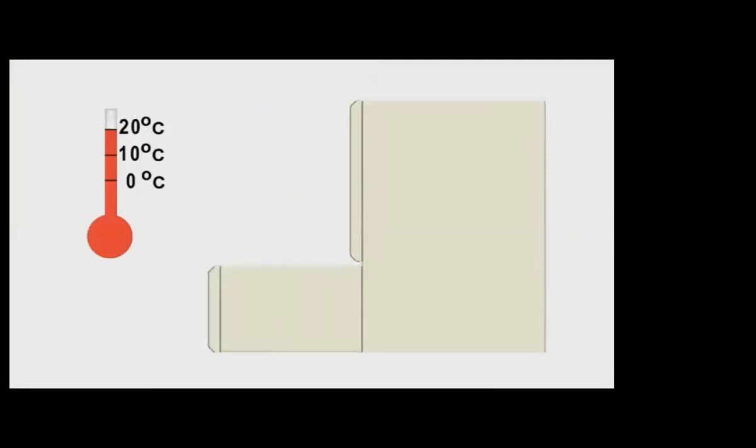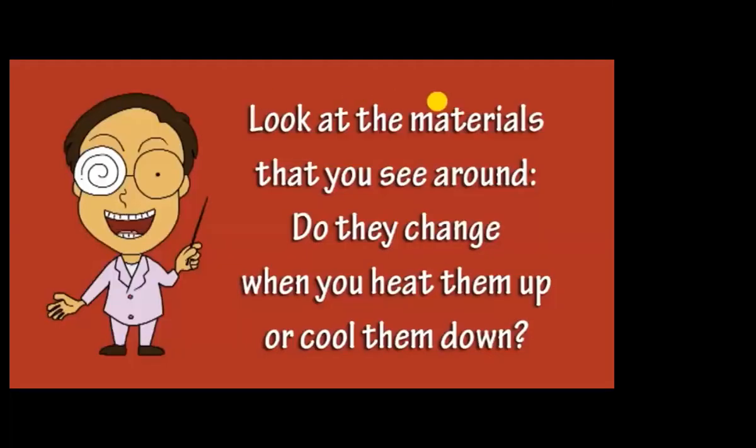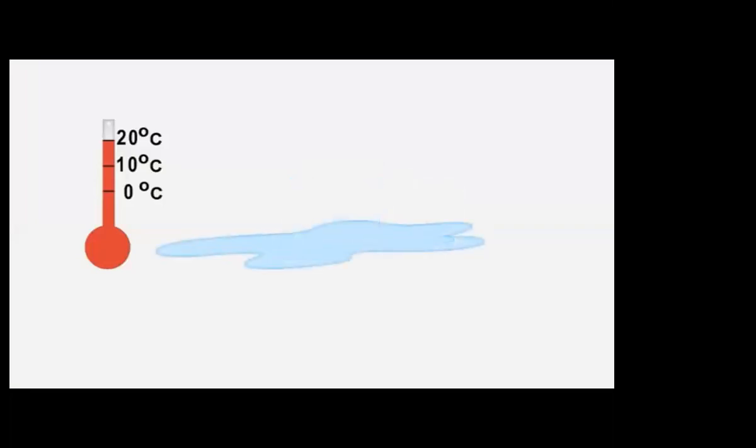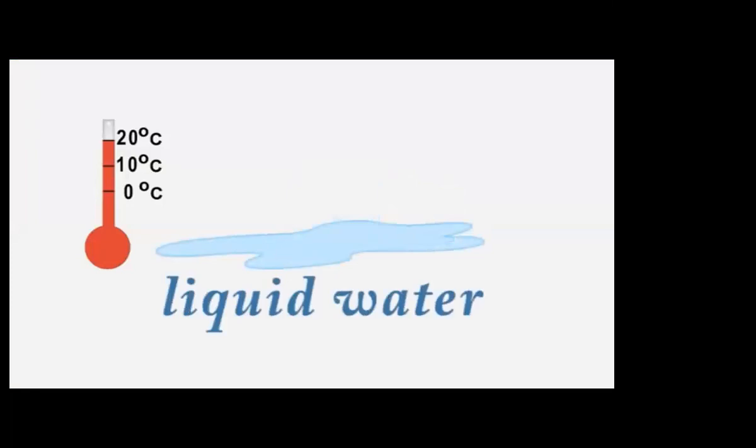Put some water in a freezer till it's very cold, and it will turn into a lump of ice that you can hold. Look at the materials that you see around. Do they change when you heat them up or cool them down? Leave the ice on the shelf and in a while you get a pool of melted water that is very wet.